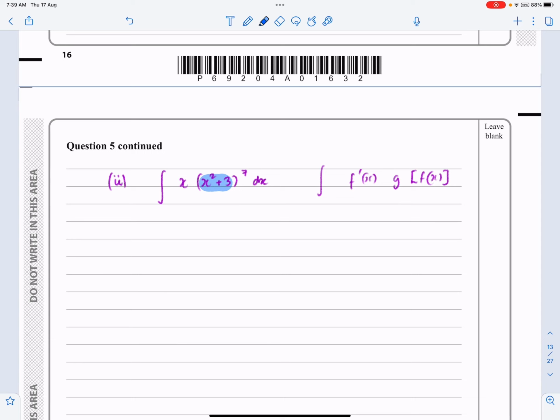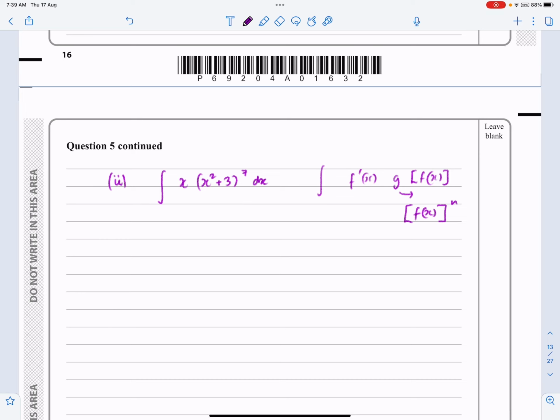Having x is the right form, it just needs to be a multiple of it. I've got a function here and the differential outside. When we say g of f of x, we mean some function of, in this case, x squared plus 3.